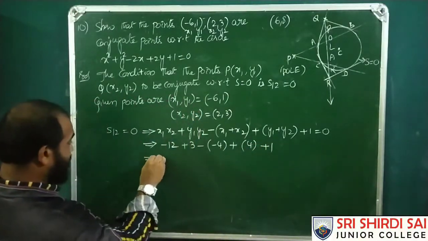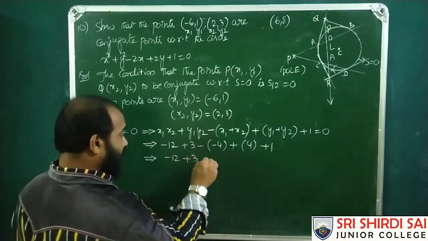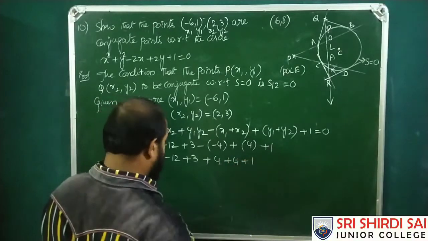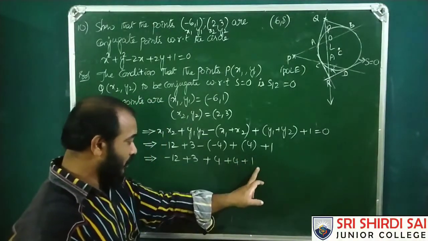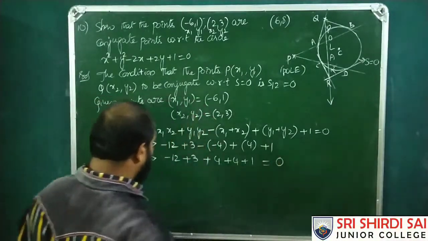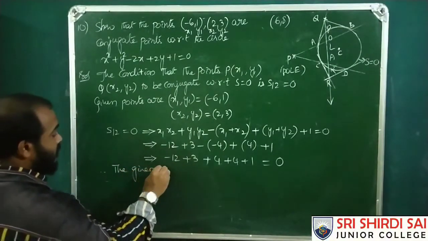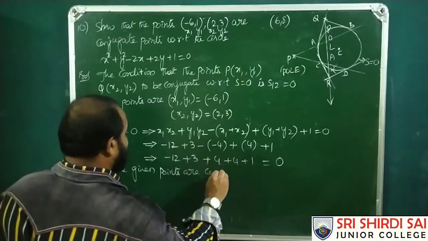That implies minus 12 plus 3 plus 4 plus 4 plus 1. So 4 plus 4, 9, 4 plus 4, 8 plus 1, 9 plus 3, 12, 12 minus 12, yes, 0 we get. Therefore the given points are conjugate points.